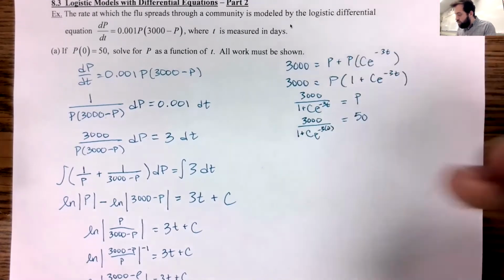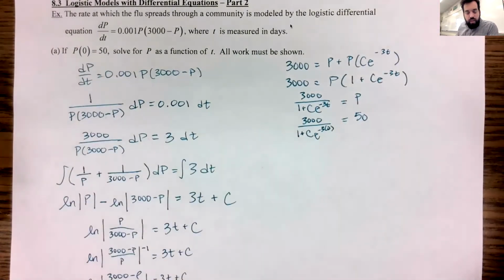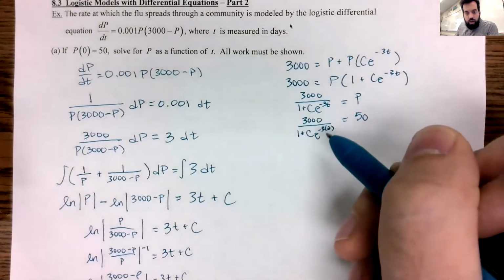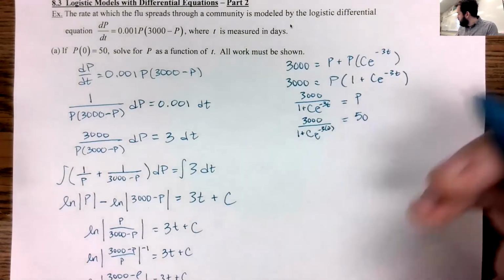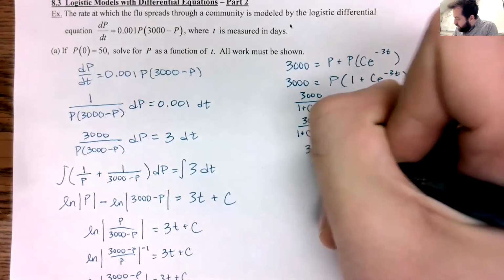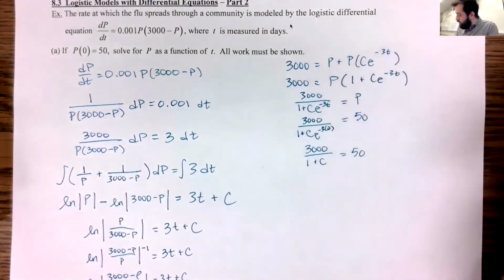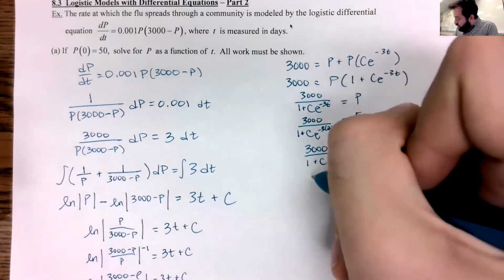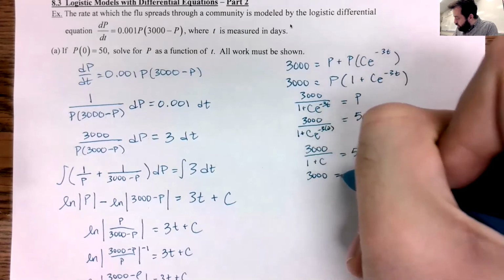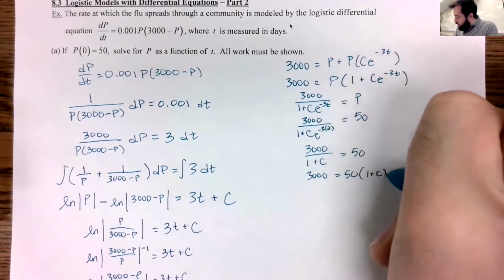Yes. We're plugging in 0 for t. So e to the 0 is just 1, so this becomes 1 plus c. So we get 3,000 over 1 plus c equals 50. And so then we end up with what? 3,000 equals 50 times 1 plus c.